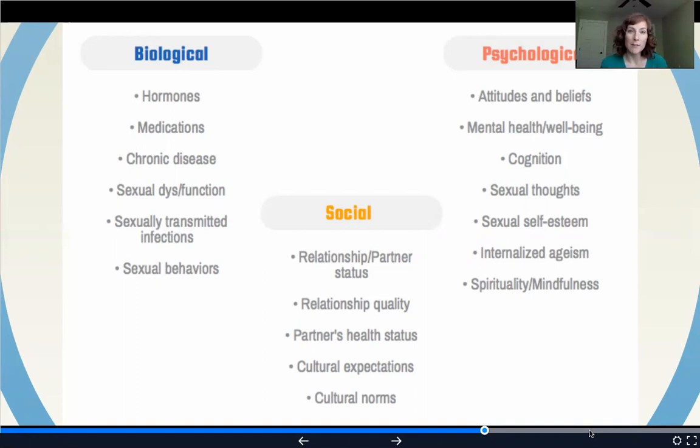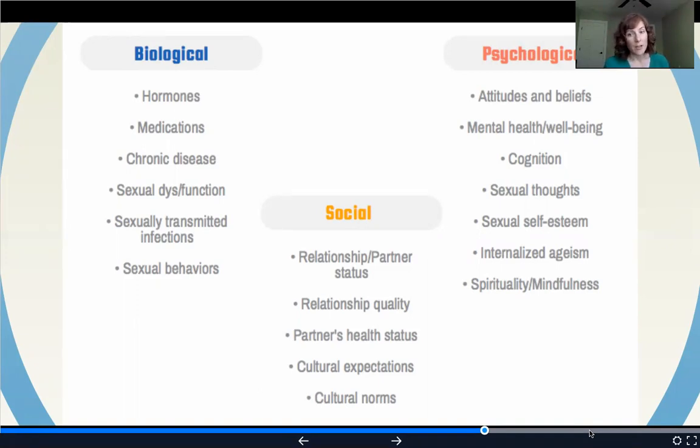So sexual thoughts and fantasies fall under the psychological side. Sexual self-esteem is one that not a lot of people have heard of before, but it's basically the same thing as self-esteem, only applied to your sexual self. So do you think that you are sexual, that you are effective sexually? Do you feel good about your sexuality? That's all encompassed in sexual self-esteem.